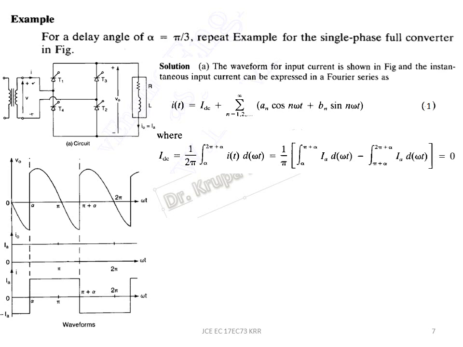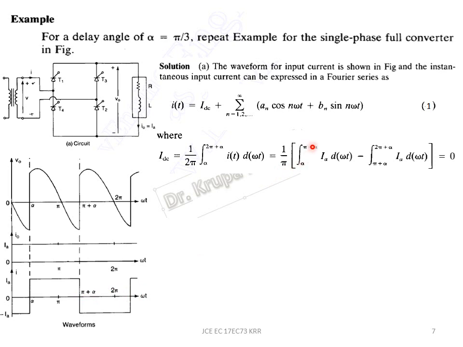We can also show it with the formula: IDC is 1 upon 2 pi, integrating from alpha to 2 pi plus alpha, the full 2 pi cycle, of i of t dt. This is Ia. From alpha to 2 pi plus alpha we split into two areas, alpha to pi plus alpha and pi plus alpha to 2 pi plus alpha.